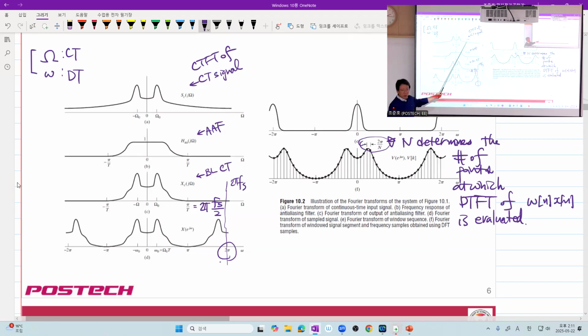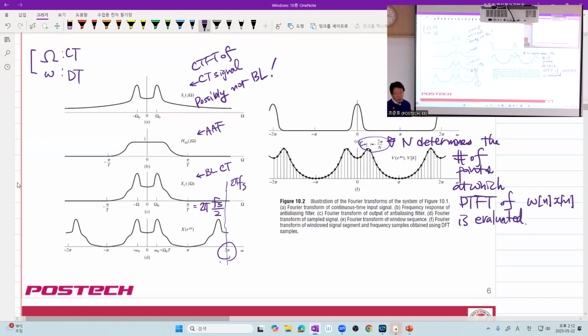So you may say that it's confusing, but anyway. So here, this is the CTFT. It may be a non-band limited signal, and the author just wanted to talk about that. It could possibly be not band limited. Okay? And now we have the anti-aliasing filter.